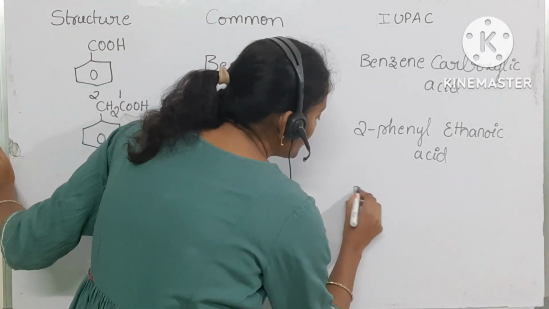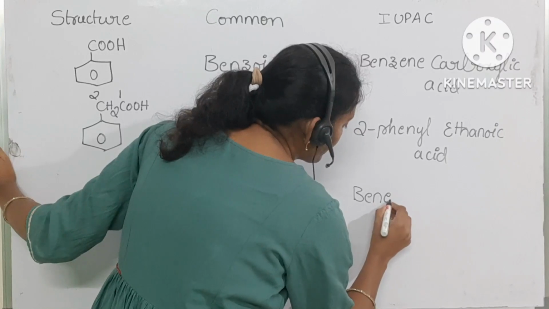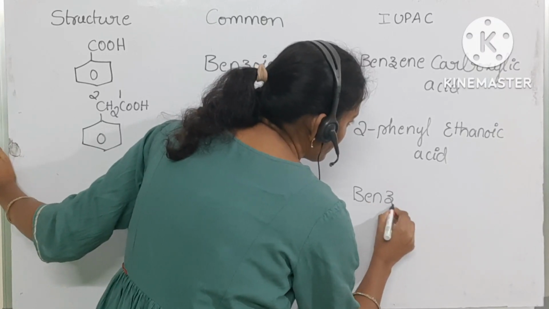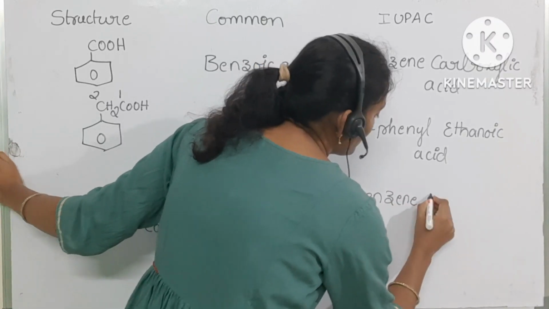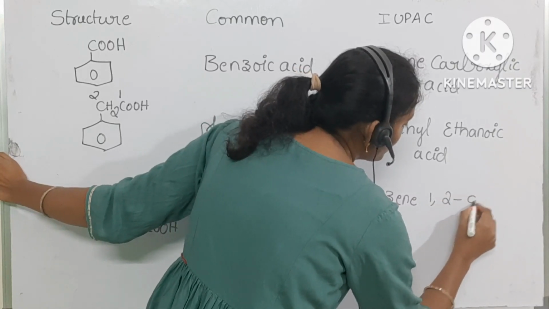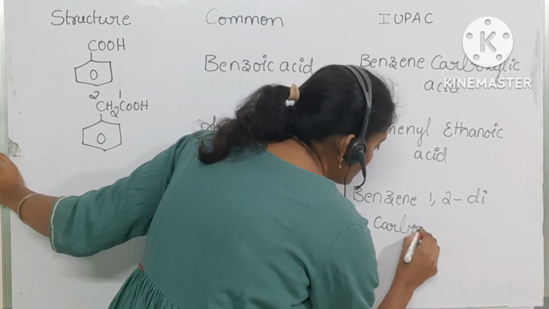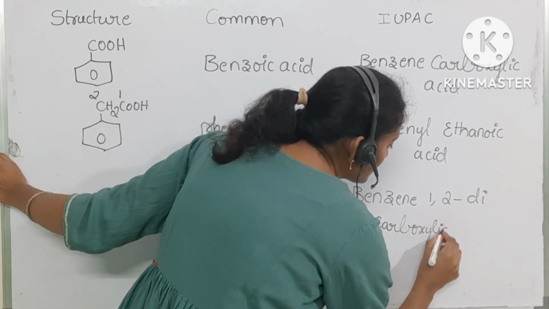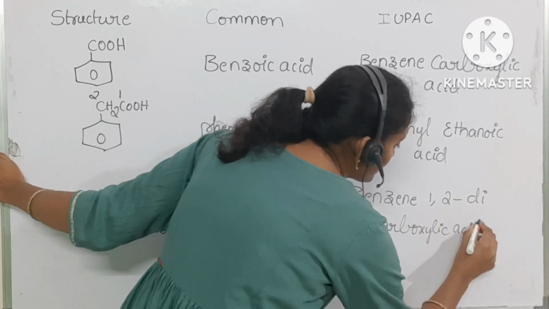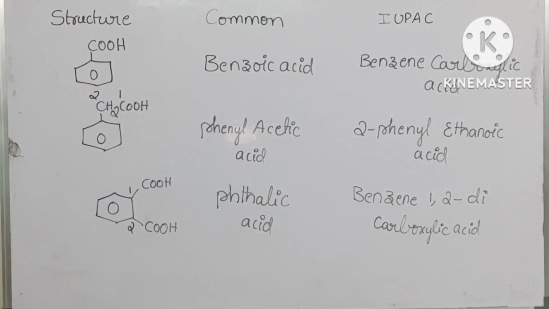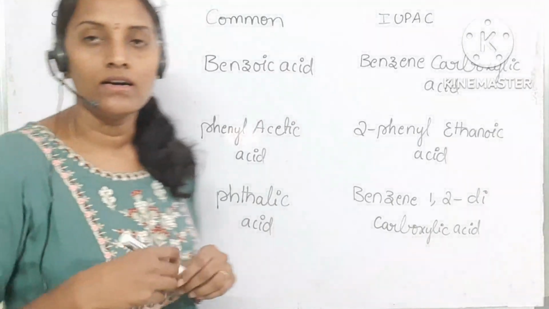So benzene 1, 2 dicarboxylic acid. Benzene 1, 2 dicarboxylic acid.